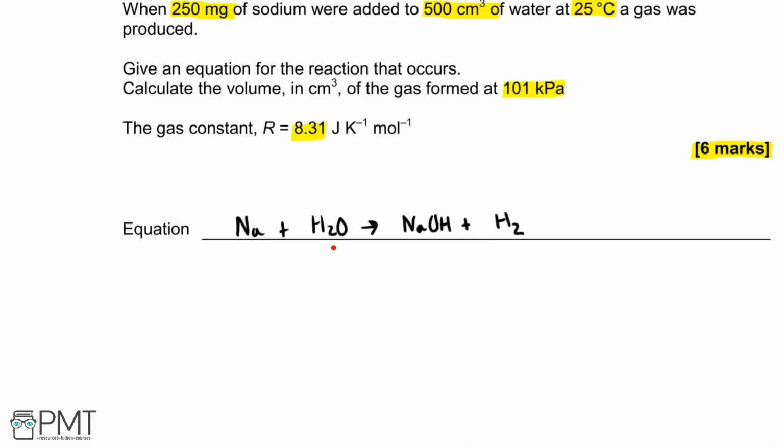Now, there's two easy ways we could balance this. The first is that part of the reaction here, from sodium to sodium hydroxide, leaves, for every mole of this which goes through, 1 mole of hydrogen atoms left as the byproduct which goes on to produce this.